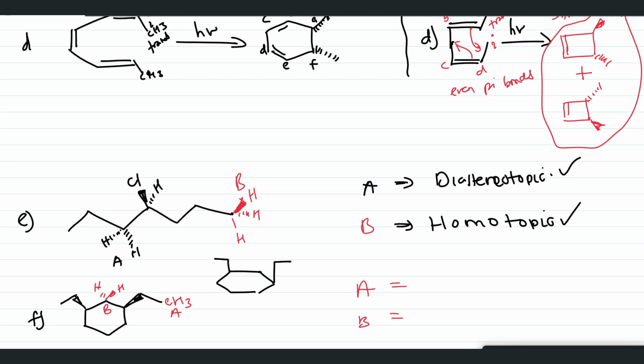Like for B, if I make that a bromine, the two B's next to it become chiral. Which one are you talking about? B. So you're trying to compare this one. So let's say you are changing B1 and B2.